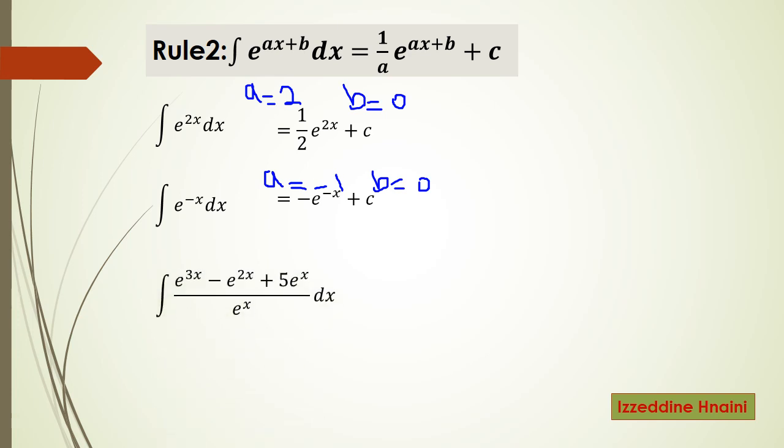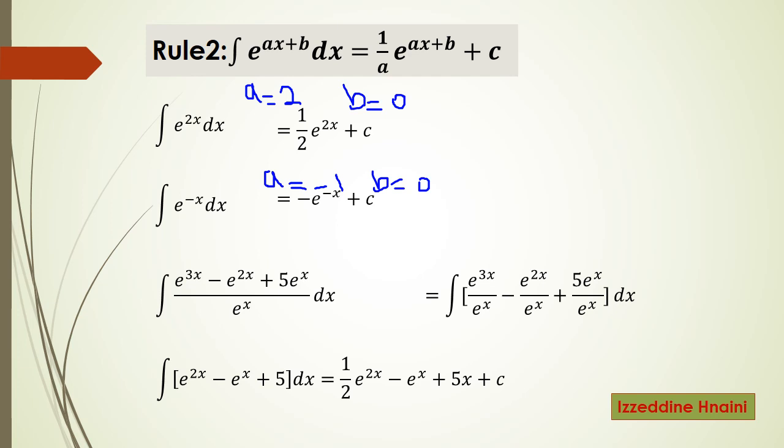The antiderivative of (e^(3x) minus e^(2x) plus 5e^x) over e^x. First, this quantity can be written as e^(3x) over e^x minus e^(2x) over e^x plus 5e^x over e^x.